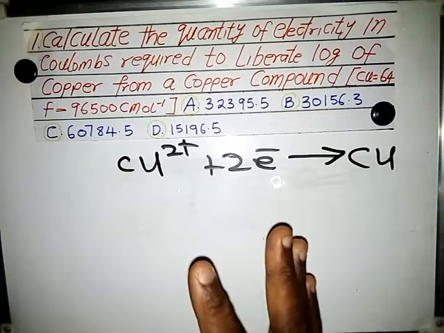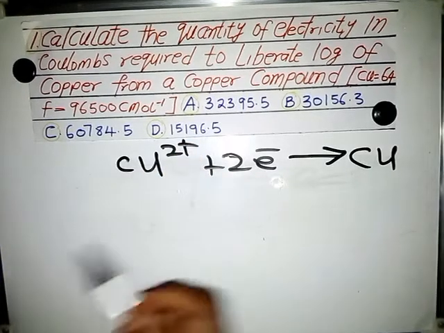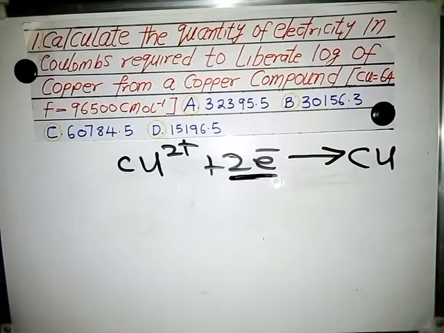If it's JAMB, of course you might not really need to write the equation. It might not be important. What you need to know is that the oxidation state of copper is 2, so it's these two that we are going to work with.